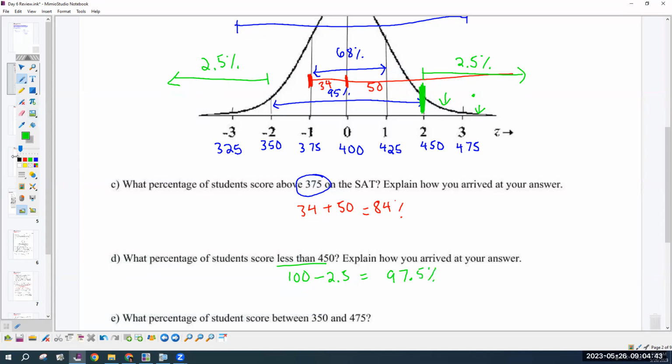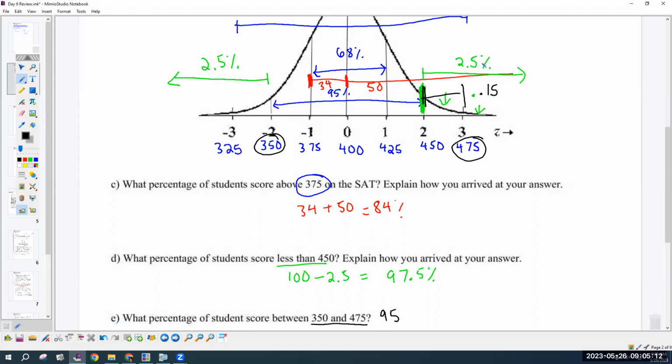What percent of students are between 350 and 475? So here is 350. Here is 475. So I know between 350 and 450 is 95%. And then this little area here that I'm marking with black, I'm going to use that fact that I talked about before and ended up not using, that I know that this area is 0.15.